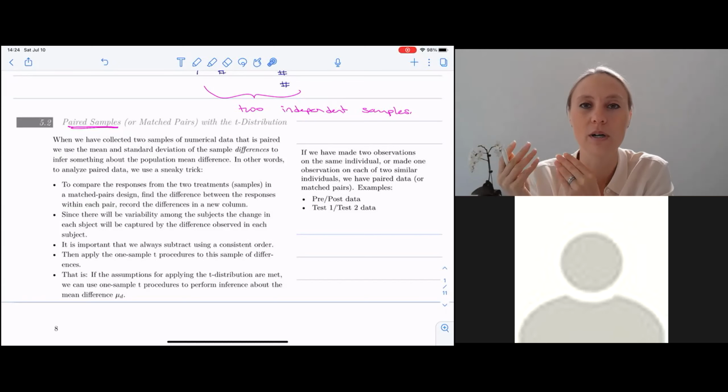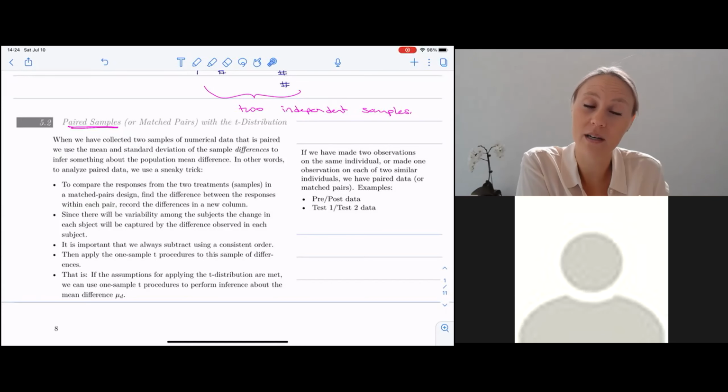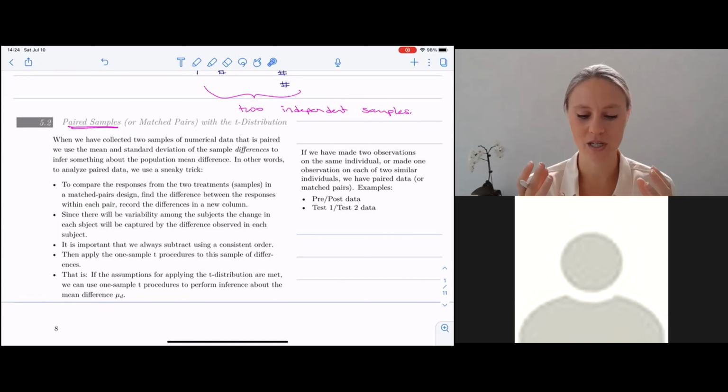as one sample. So now we're analyzing one sample of differences. One sample, well, that brings us back to part 1 of chapter 5, right? So now we're only talking about one sample and the mean of that sample.